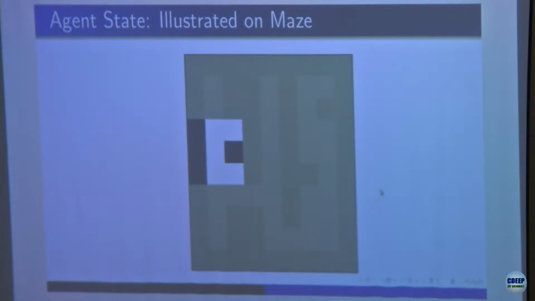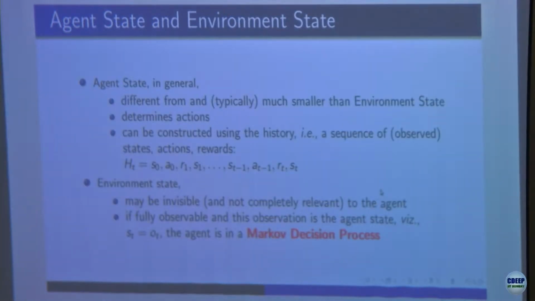Okay, so in general, the agent state is different from and typically much smaller than the environment state, as we saw in the maze problem, and that's what determines the actions. So you can construct the state using the entire sequence of states, actions, rewards and so on.